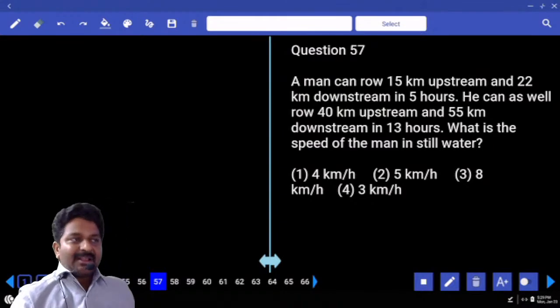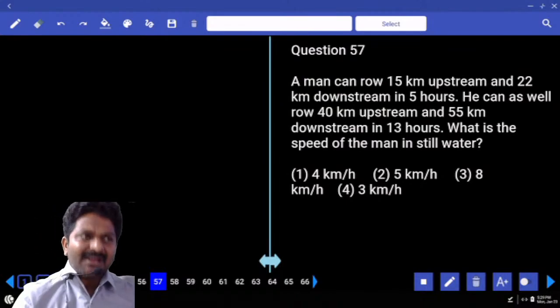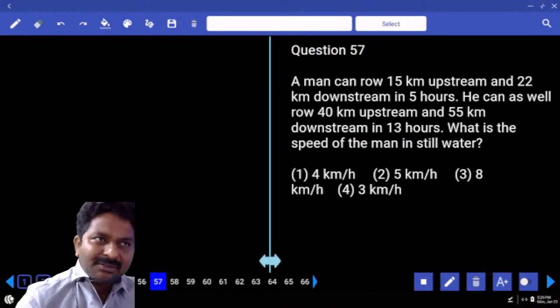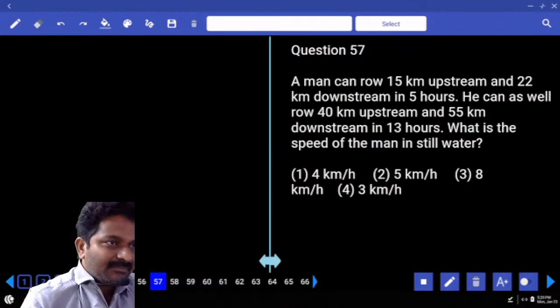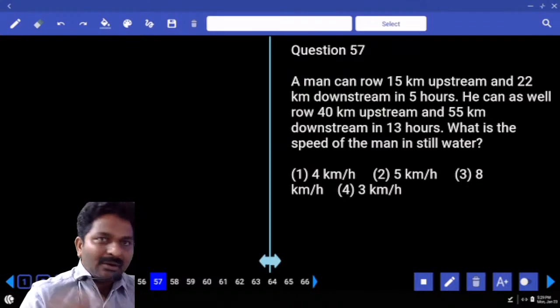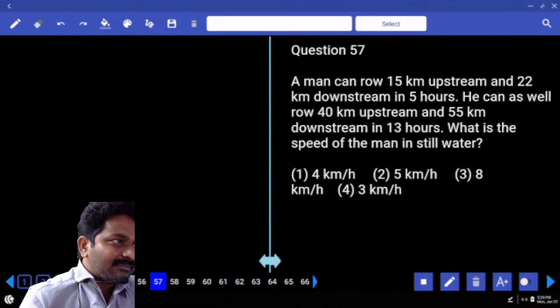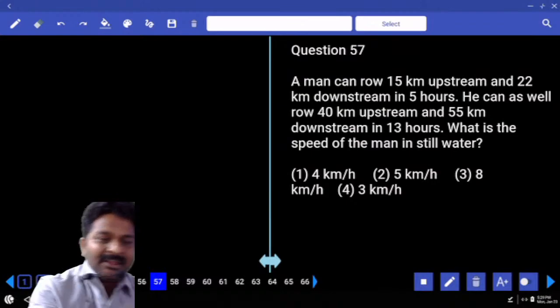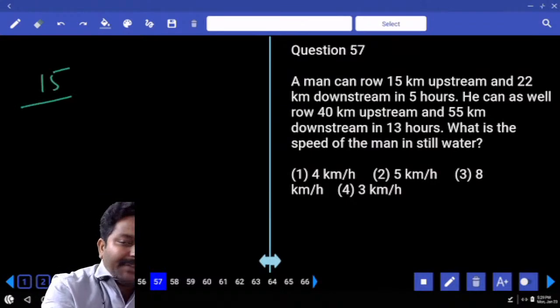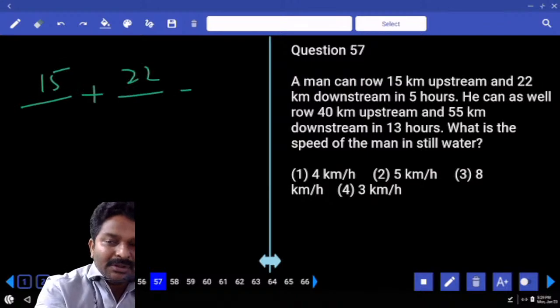There are 2 ways to calculate the answer for this. Not 2 actually, many are there. If I tell you the traditional method, it takes a long time. I can give you the question, you can go down and have a cup of coffee and then come back. That much time it will take, even for me, if I use the traditional method. 15 plus 22 is equal to 5.